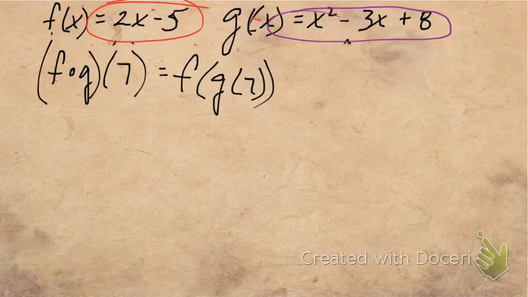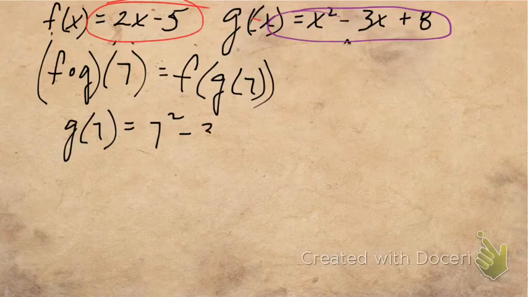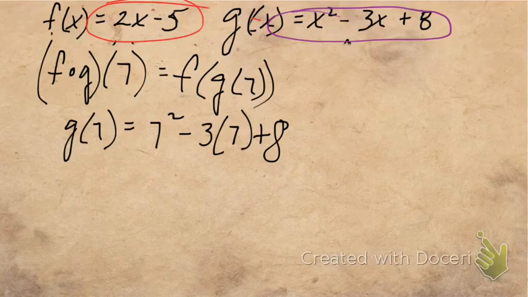So the first thing we're going to do is find g of 7. g of 7 equals 7 squared minus 3 times 7 plus 8. Okay, so when you stick all the numbers in there, that ends up equaling 36, I think. 49 minus 21 plus 8 is 36.